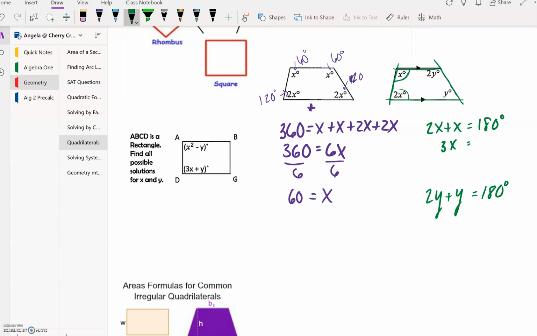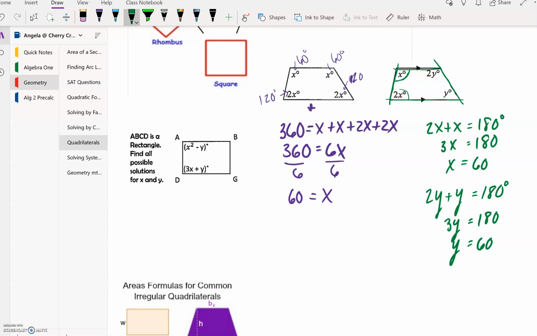This is turning out to be a value we get a lot right now. Dividing by 3 on both sides, we get x is equal to 60. And 3y, dividing by 3 on both sides, we get y is equal to 60. And you've solved for x and y in this particular problem. So x is not always equal to 60, but apparently it is for these two problems.